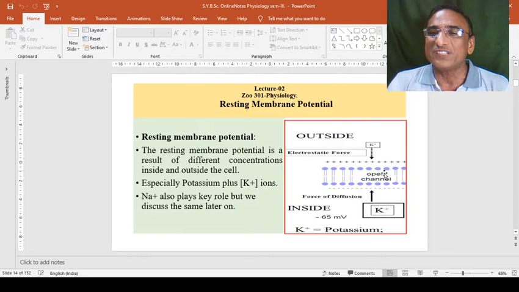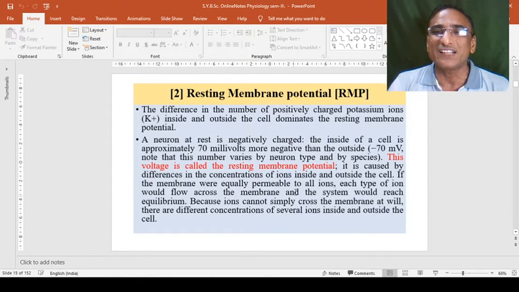As we have seen, in the first slide the cell or its membrane is negatively charged when in a resting position. The inside of the cell is approximately minus 70 millivolts at rest, more negative than the outside.